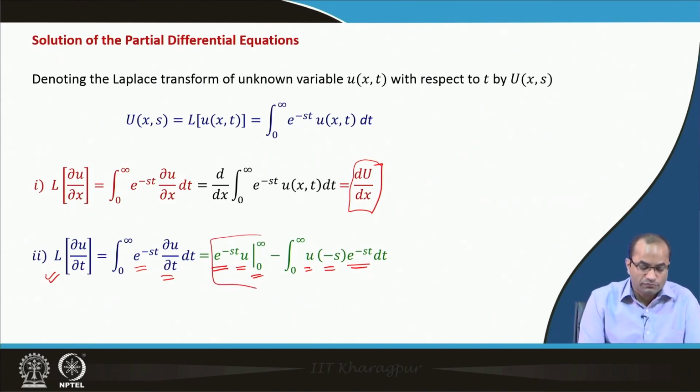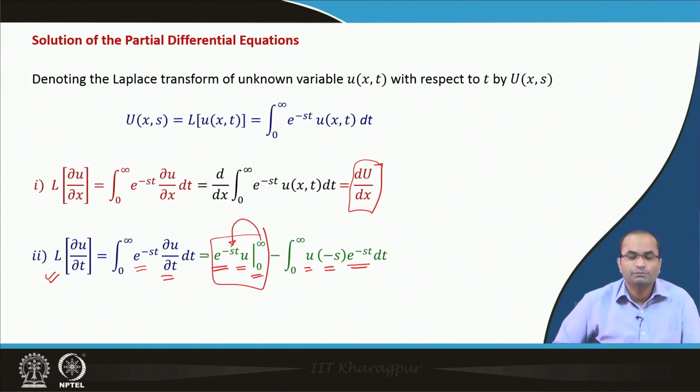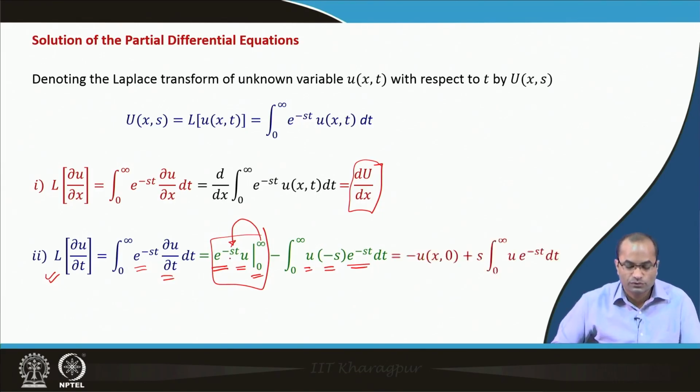So, in the first term, when t goes to infinity, because of e power minus s t, this term will vanish, and when t goes to 0, then we will have a u(x,0) term there. So, we have minus u(x,0).